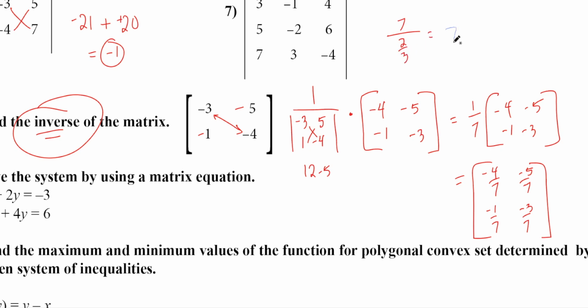We say 7 times what? The inverse of this. What's the inverse of that? 3 over 2. You with me? Now, finding the inverse of a matrix is a lot harder than finding the inverse of a fraction, where you just flip the top and bottom. Agreed? Yeah. But that's what we're doing.